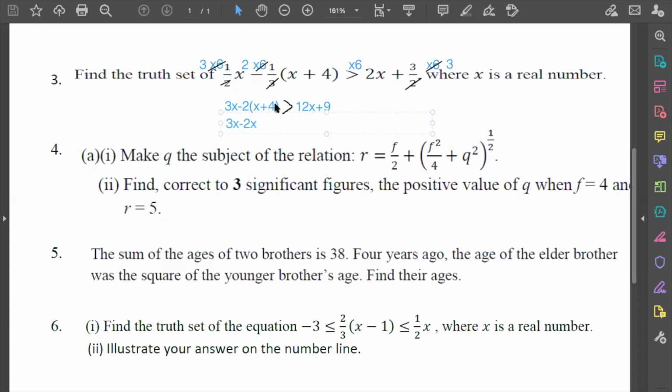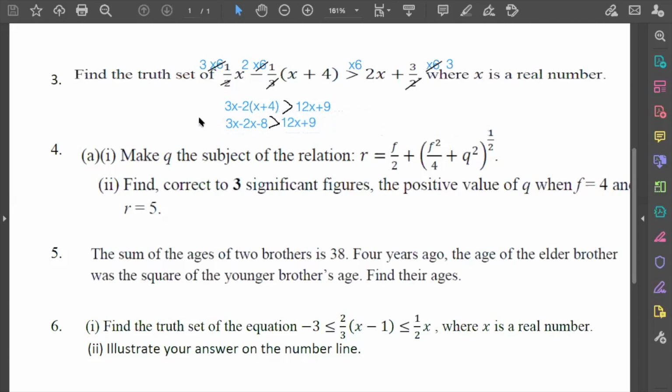Negative 8. Good. Now I bring my greater than sign. And then I have 12x plus 9.